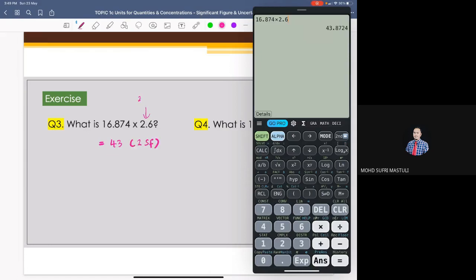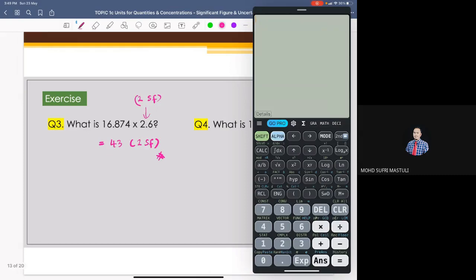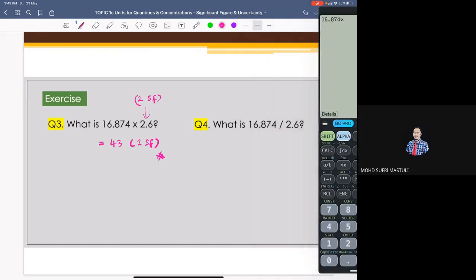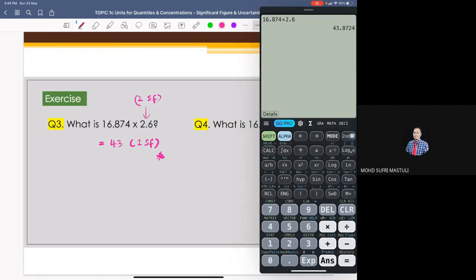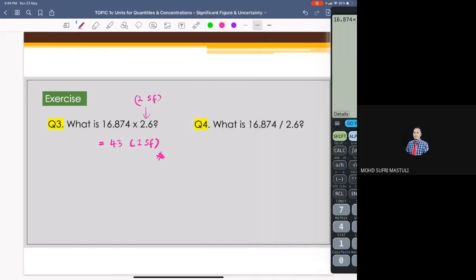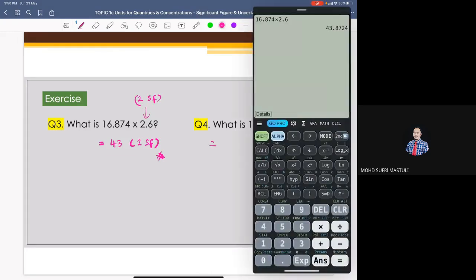The lowest is two significant figures. So this is the answer.